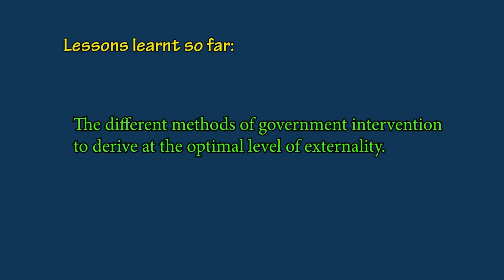Third, we have learnt about the different methods of government intervention, which help us to arrive at this optimal level of externality. These interventions can be of different kinds: taxes, subsidies, standard setting, and the permit system.